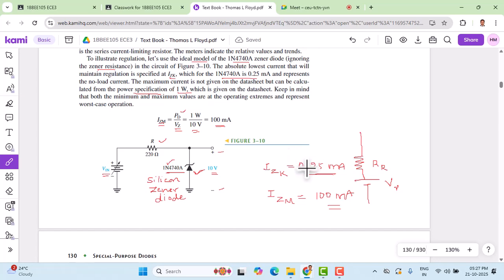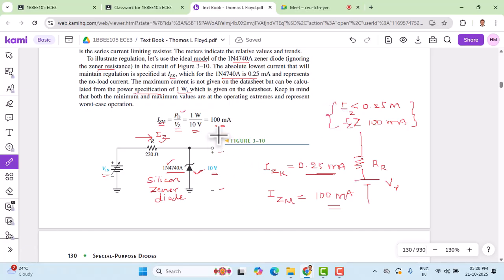If IZ, the current flowing here, is less than 0.25 milliampere or greater than 100 milliampere, then the Zener diode doesn't perform its regulating action. That should be noted while discussing this topic.